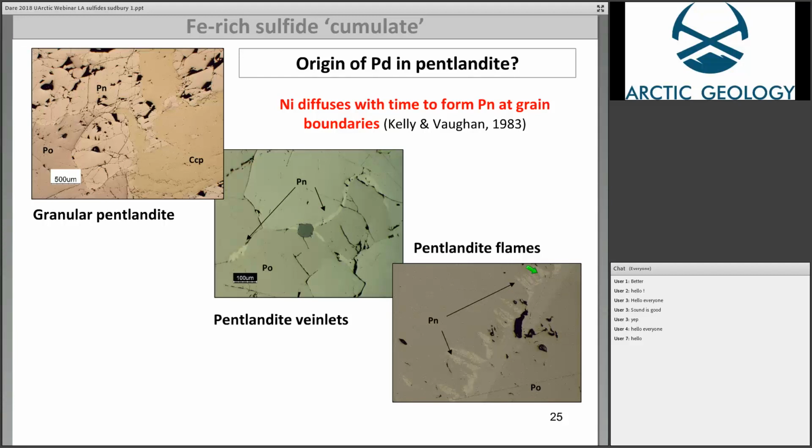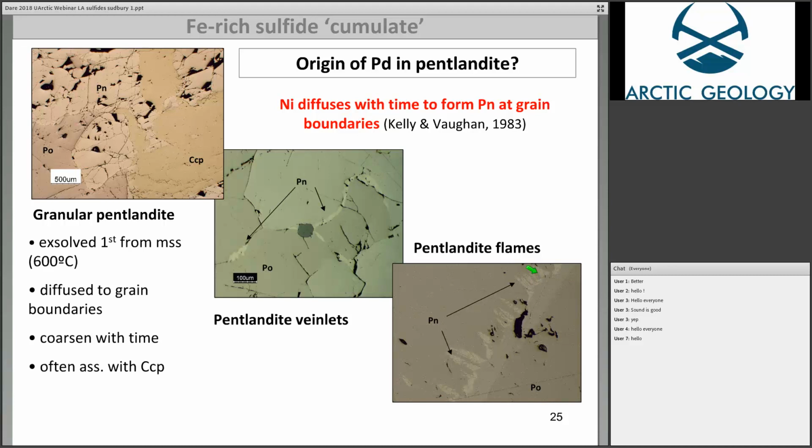So experiments showed back in the 80s that pentlandite essentially exsolves out of your iron-rich sulfide because your nickel diffuses over time to form pentlandite, typically at grain boundaries. So the coarser it is, essentially the earlier it is; it's had time to diffuse and coarsen with time.